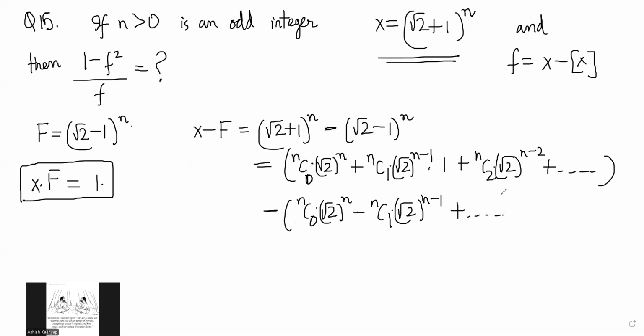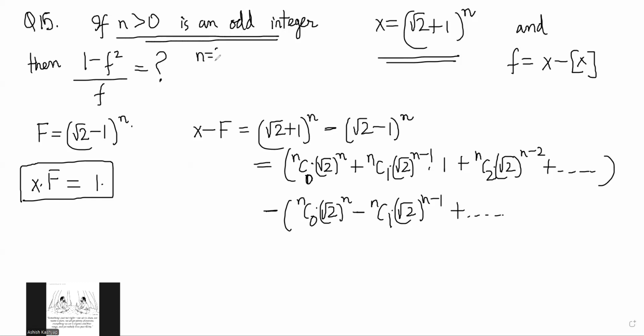So notice that upon subtraction, we have to think about whether we want to subtract or whether we want to add. If I subtract, okay, we knew that n was an odd integer.